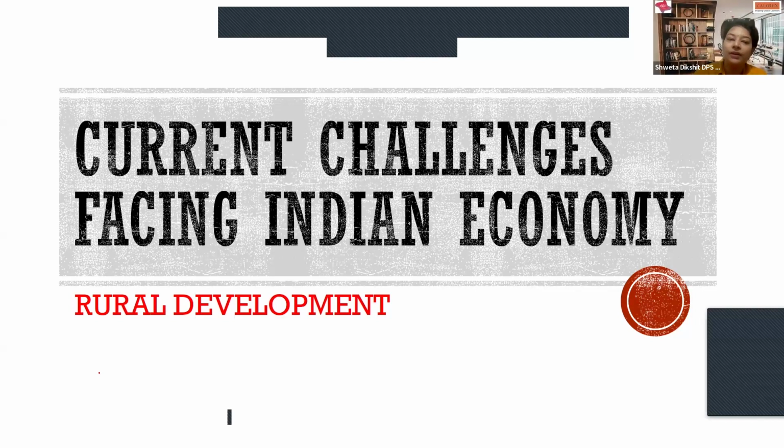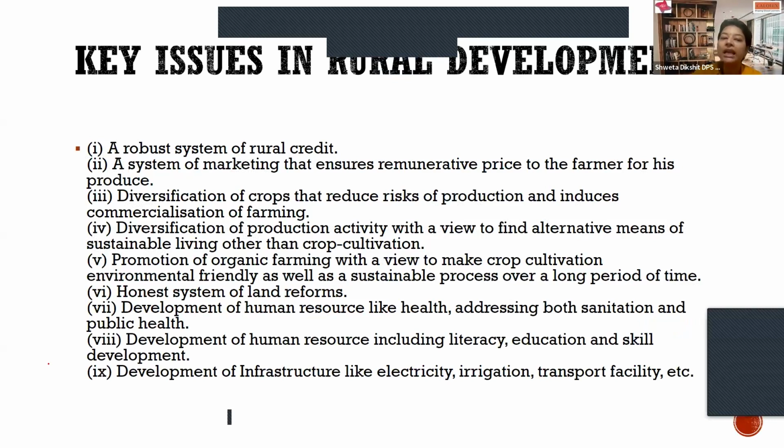Now, in rural development, the first thing which is asked is: what are the various key issues in rural development, or what are the various challenges of rural India? So the first is, of course, associated with rural credit. We know what rural credit is. Second is the system of marketing. Here, I must add agricultural marketing. See, when you are talking about rural India, you need to talk about agriculture all the time.